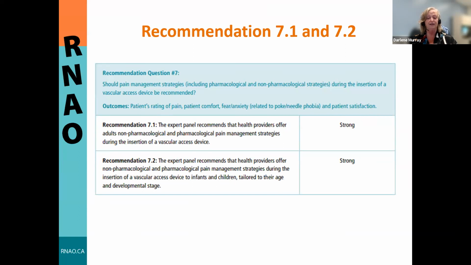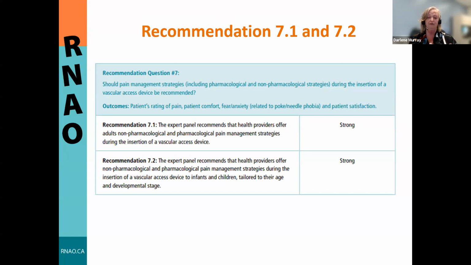Evidence suggests that both pharmacological and non-pharmacological pain management interventions may decrease, again, pain, fear, and anxiety, and increase comfort. And you will probably see an increase in patient and parent or caregiver satisfaction during the insertion of that vascular access device for the pediatric population.